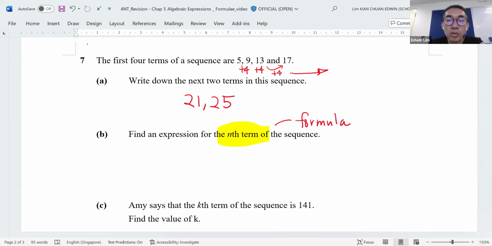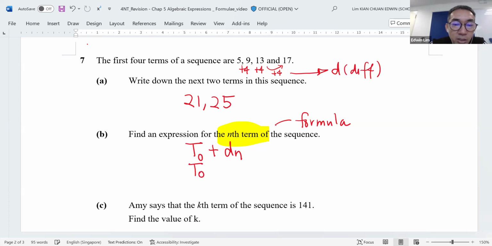To do this question, you must remember T0 plus Dn. D I have already found for you. Every time when we move from one number to the other number, you realize we plus 4. This is what we call D, D for difference. So right now, T0 plus 4n.